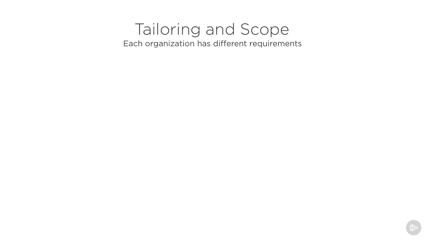So every organization requires a tailoring of the asset management to correctly deal with it in a way suitable for that organization. So what are some of the things we have to be considerate of when we are developing an asset management program? Well, the culture.